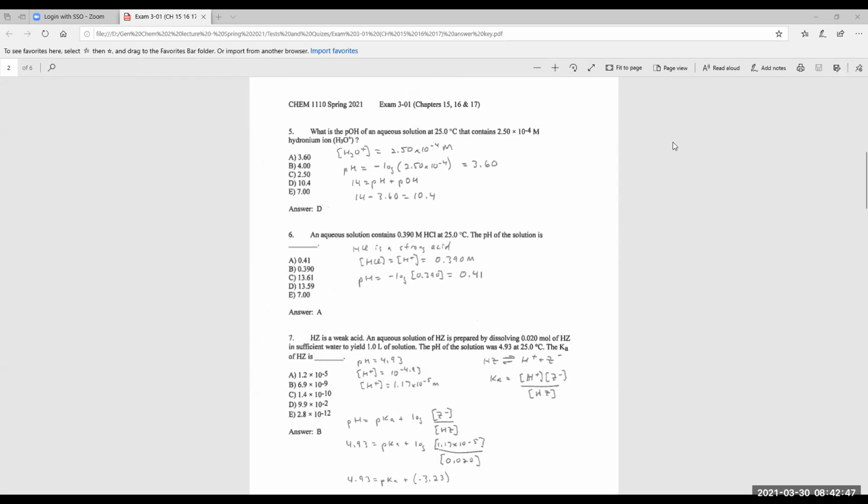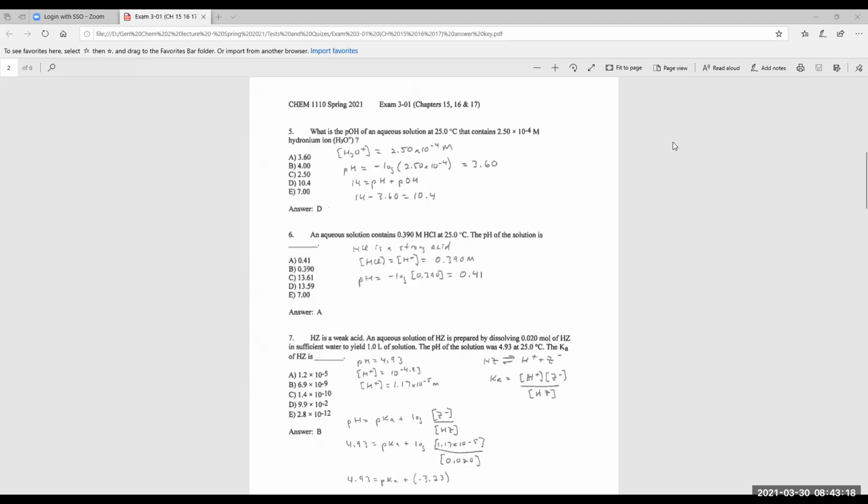So to solve this, you can calculate the pH, which is minus the log of the hydronium ion concentration. You get a value of 3.60. And then we remember that pH plus pOH equals 14. So by subtracting that 3.6, we would get our pOH value, which would be 10.4.